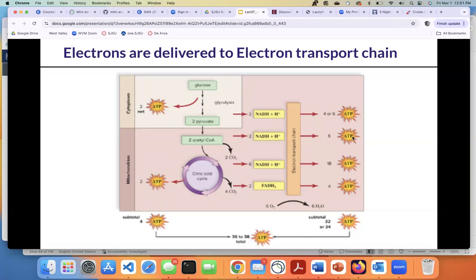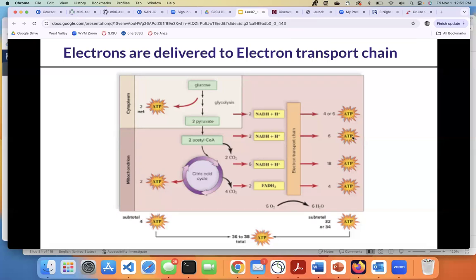But realistically, in the cell, it tends to be less. It tends to be more like 34, sometimes 32, sometimes 36. So that nuance has to do with the efficiency of which cell type it is.